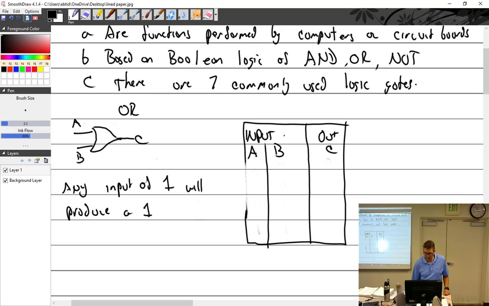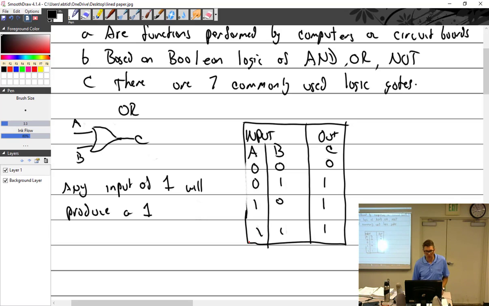So if A is 0 and B is 0, then the output is 0. If A is 0 and B is 1, it is 1. If this is a 1 and that's a 0, it's 1, and 1 and 1 equals 1.